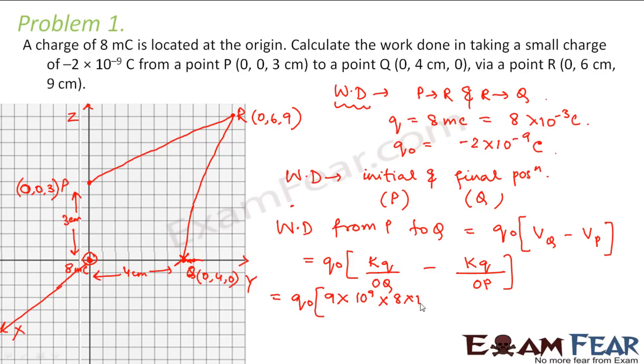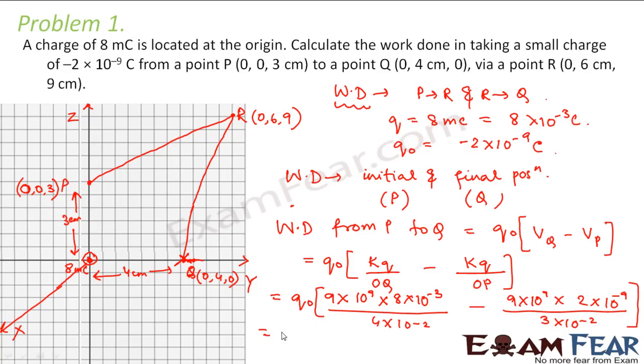Q is 8 into 10 to the power minus 3 divided by OQ, that is 4 into 10 to the power minus 2. This minus 9 into 10 to the power 9 into 2 into 10 to the power minus 9 divided by OP, that is 3 into 10 to the power minus 2.